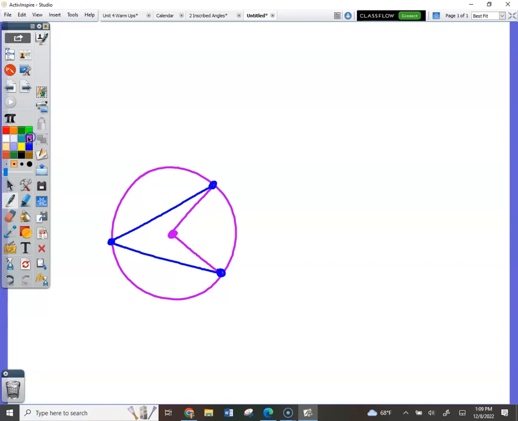Look at this. We learned yesterday, focus on the purple angle. A central angle, right here, is equal to its arc. So if this was, say, 30 degrees, then this would be 30 degrees, right?